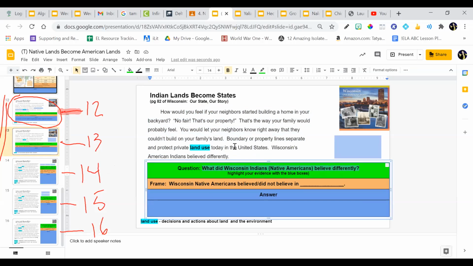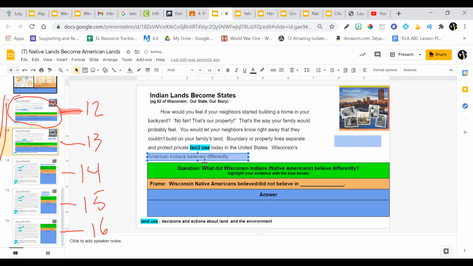Now this one's a little harder. Which part should I highlight, do you think? The last part, maybe. Okay, let's go ahead and highlight that. Why do you say that, Nali? It's different because they had a different idea.